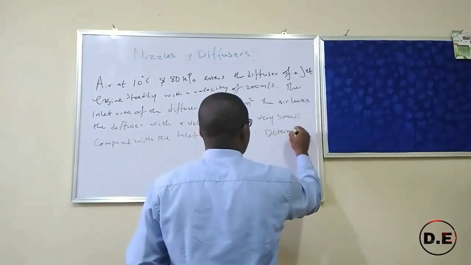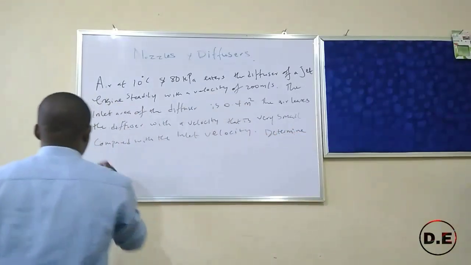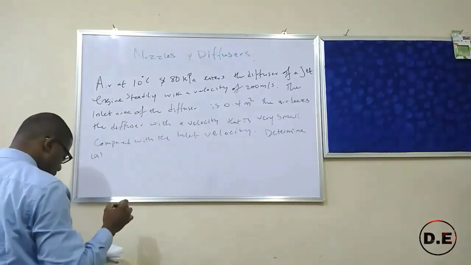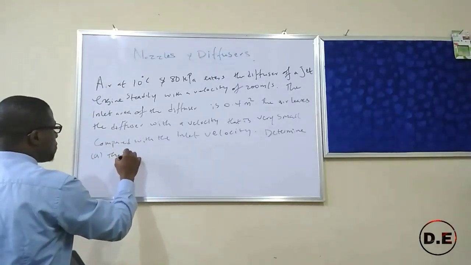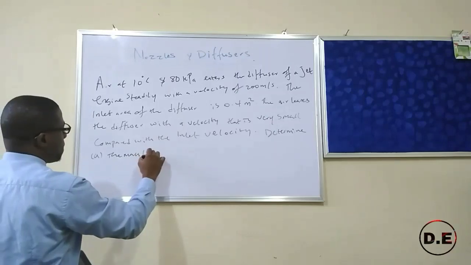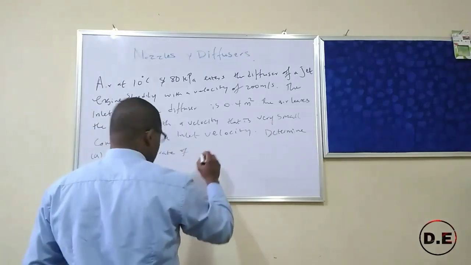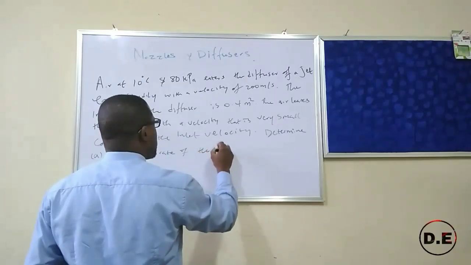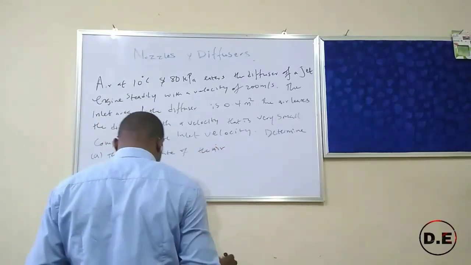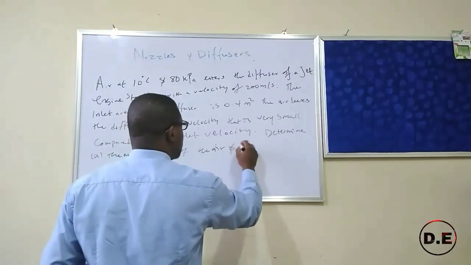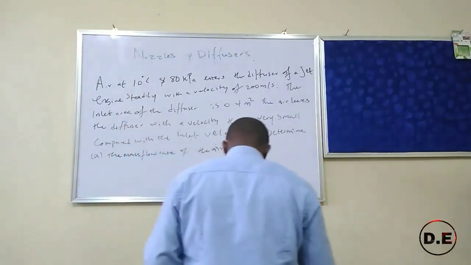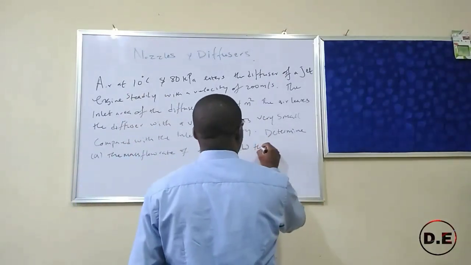Determine A, the mass flow rate of the air, and B, the temperature of the air leaving the diffuser.